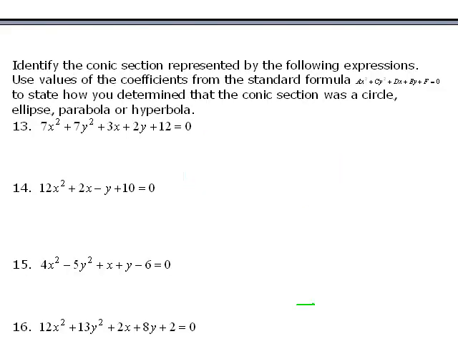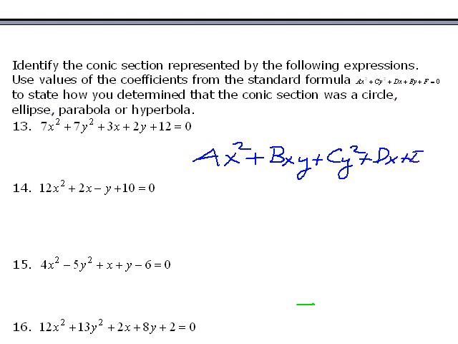Now the remaining 4 problems have to do with the standard equation, which I went over a little bit earlier. So the standard equation looks like this: ax squared plus bxy plus cy squared plus dx plus ey, plus f equals 0.